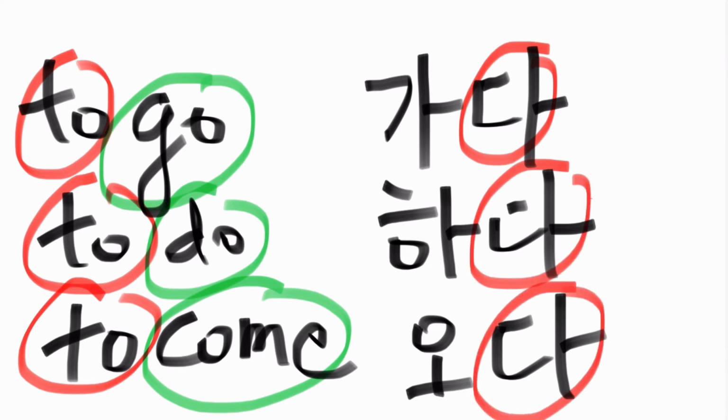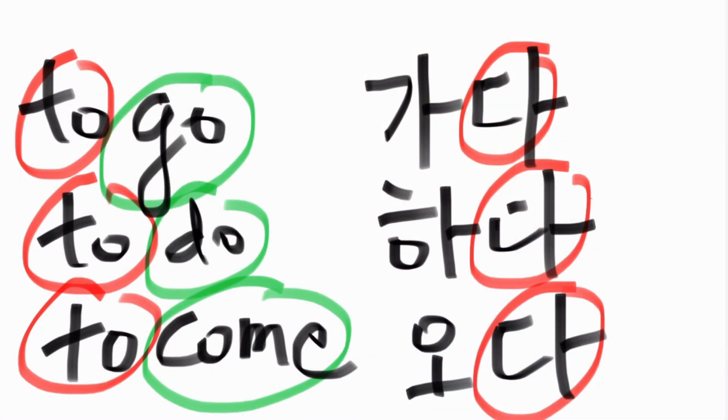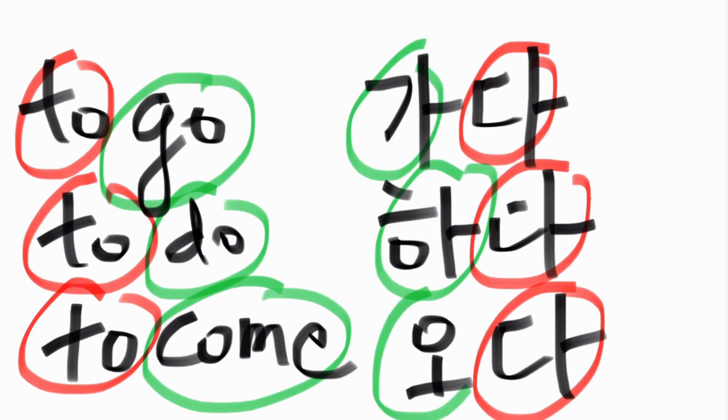The stem form is the same in all the verbs, which is da. So the root which changes according to the grammar pattern in the sentence is ka, ha, and o. These parts only attach with the sentence and they change according to the patterns.